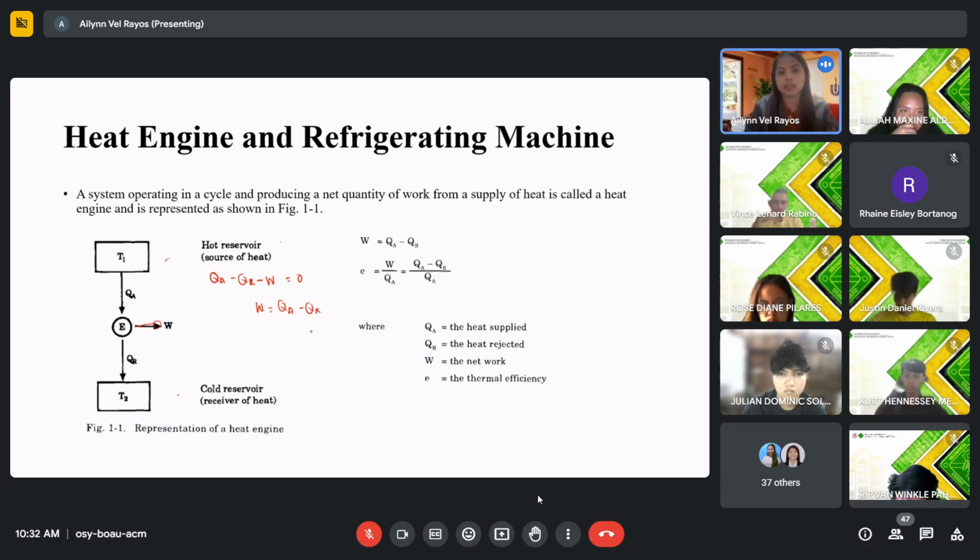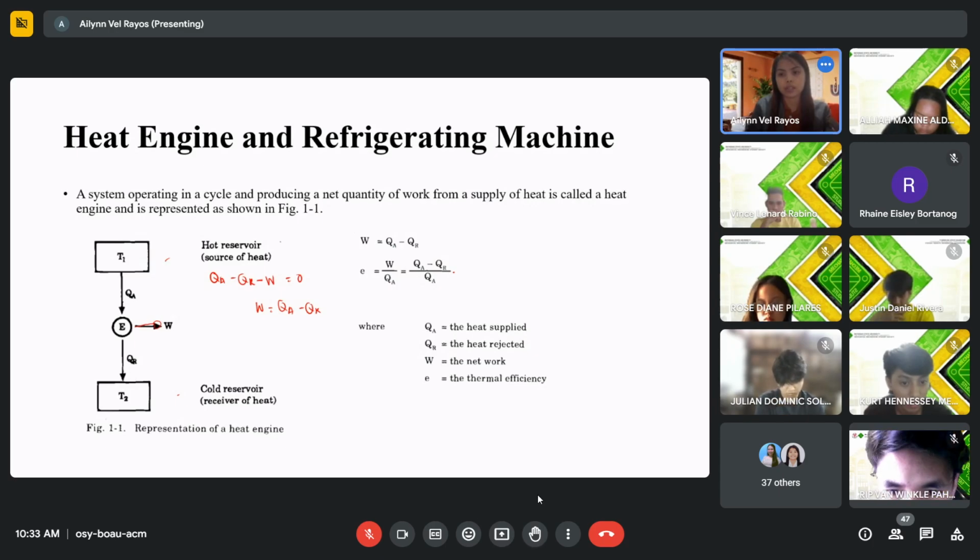The efficiency of the engine is work over QA, so efficiency is QA minus QR over QA. QA is the heat supplied, QR is the heat rejected, work is the net work, and E is the thermal efficiency.